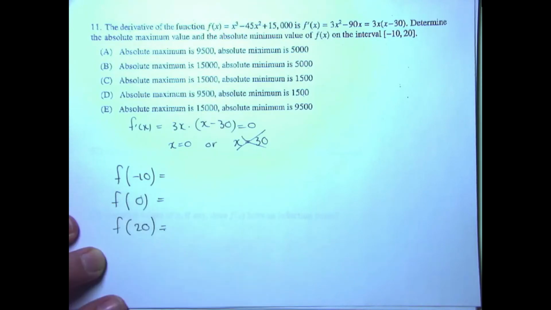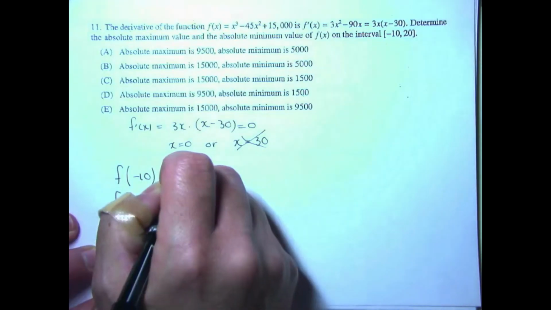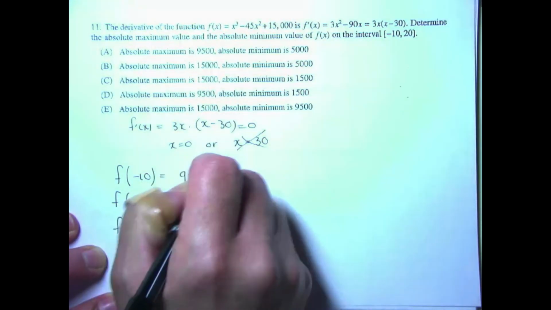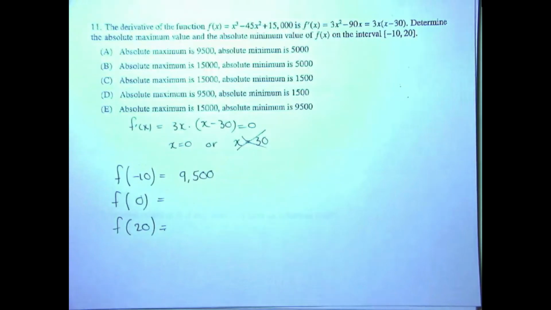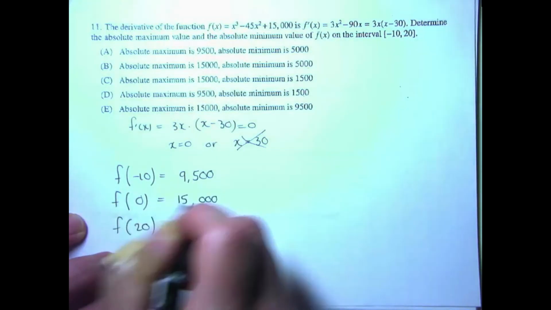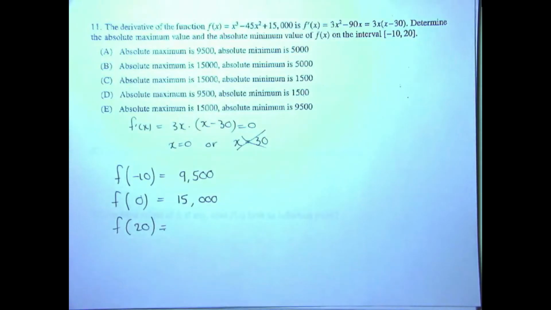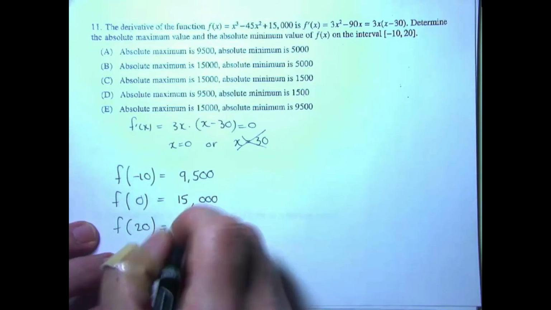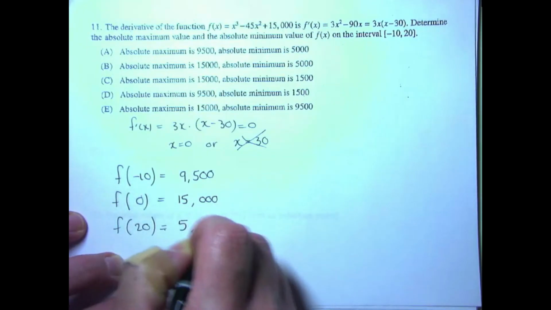So for negative 10, I get a value of 9,500. If I plug in 0, of course, I get a value of just 15,000. And when I plug in 20, I get a value of 5,000.